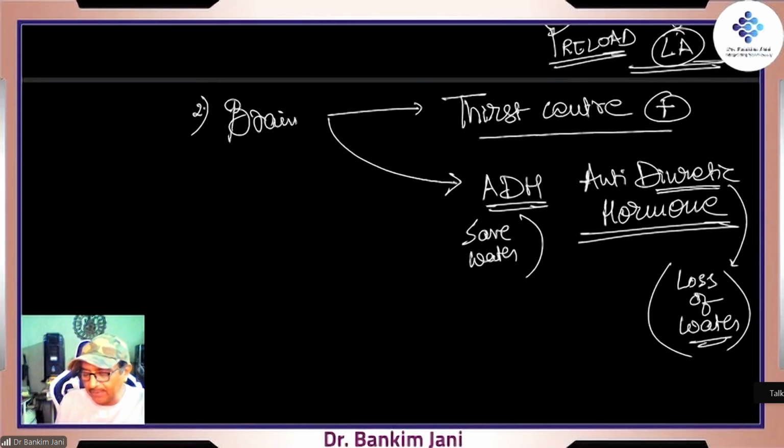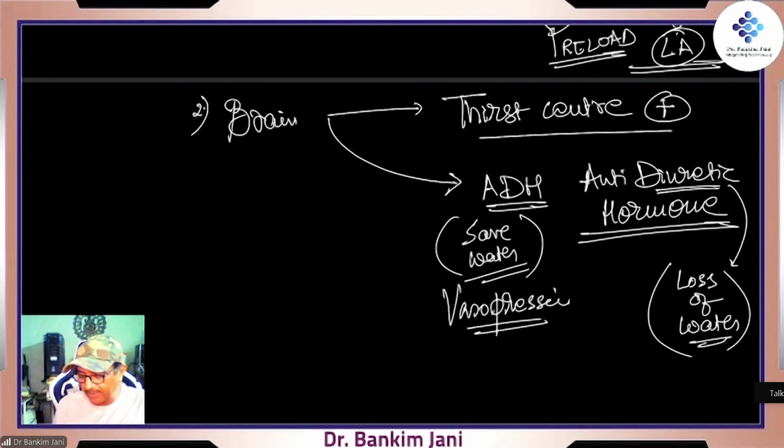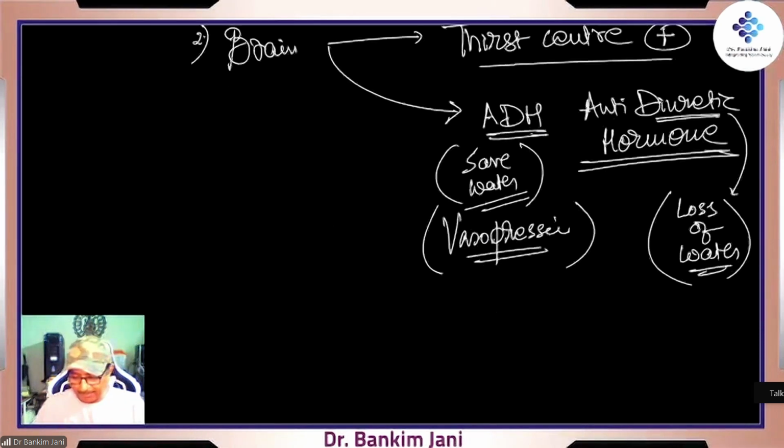That is the motto of antidiuretic hormone: I won't let the water get wasted. Antidiuretic hormone is also called vasopressin. As I told you, we'll talk in detail about the complete cycle, on which receptors it acts, how aquaporin works, all within a few minutes. So this is antidiuretic hormone. This is another important one. So this is the brain.